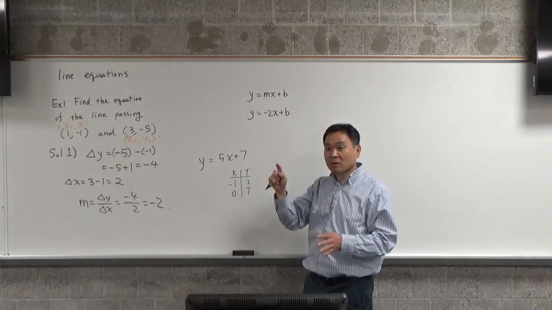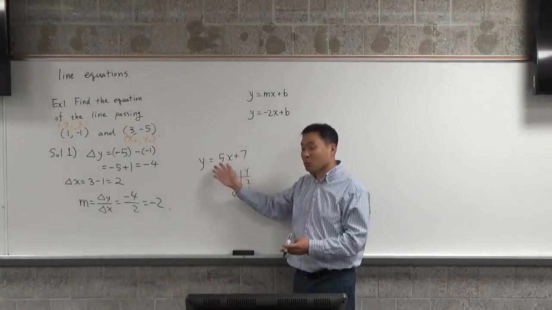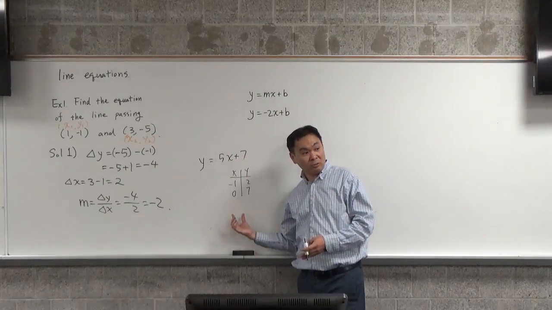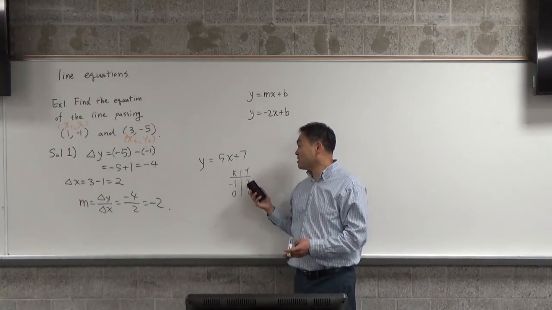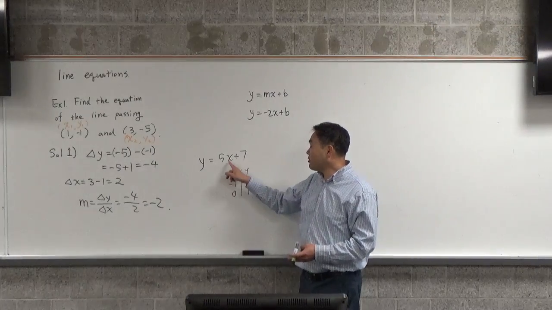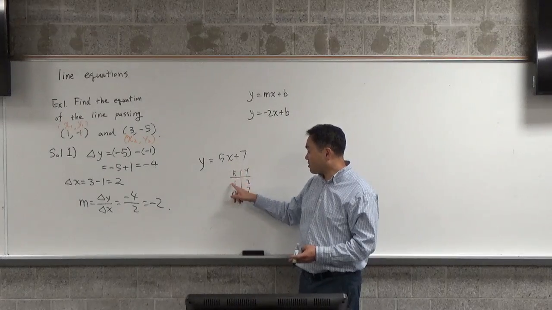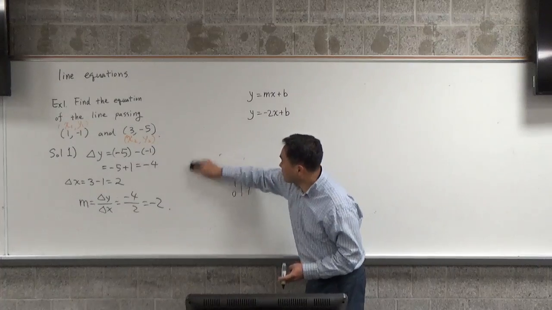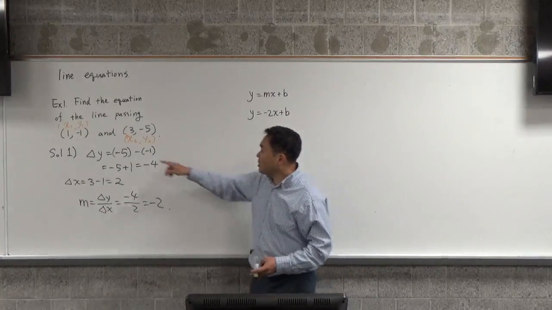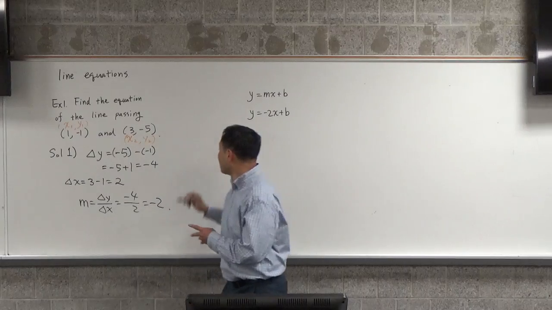And you keep plotting this, and then eventually you end up with a straight line if you do many values, right? And if you think about this process, what it's really saying is that any value that you plug in for x on here would give you the y value on here.